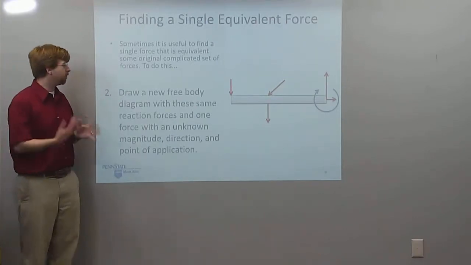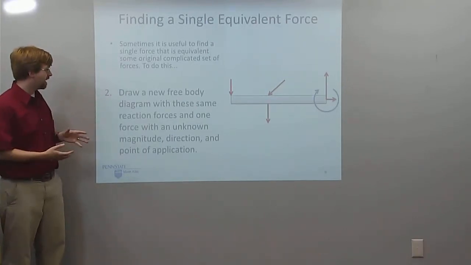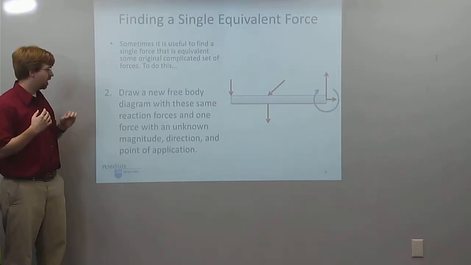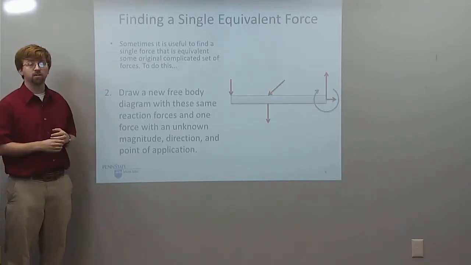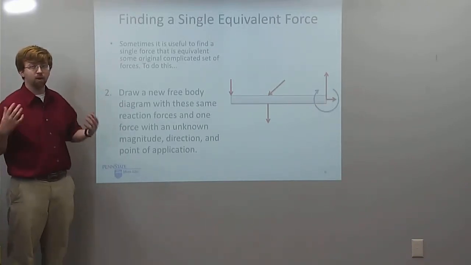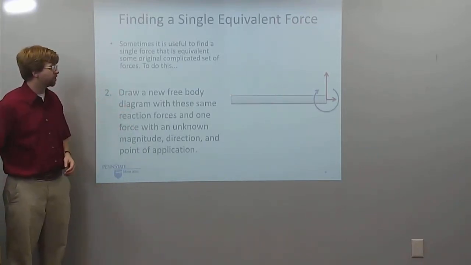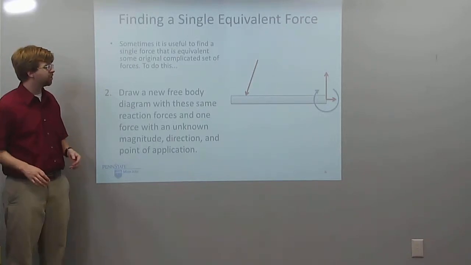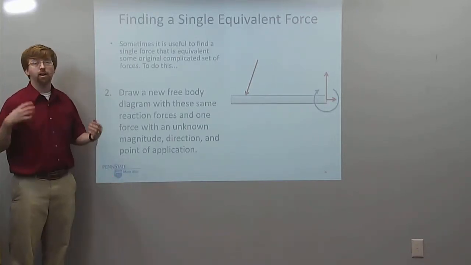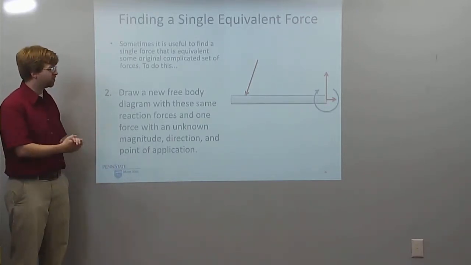So now I'm going to draw a new free body diagram with the same reaction forces, and it's going to have one unknown force. This is going to be my single force that is statically equivalent to my original scenario. So I get rid of those original forces, and I add in one force. I don't know the magnitude, I don't know the direction, I don't know the point of application.